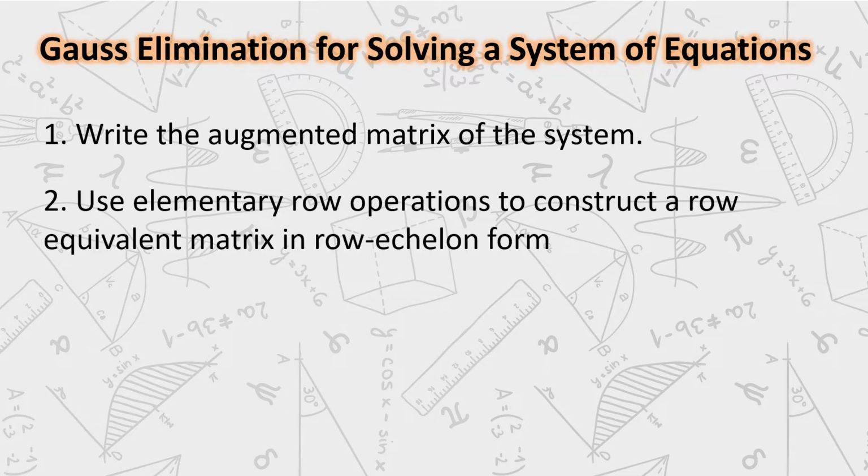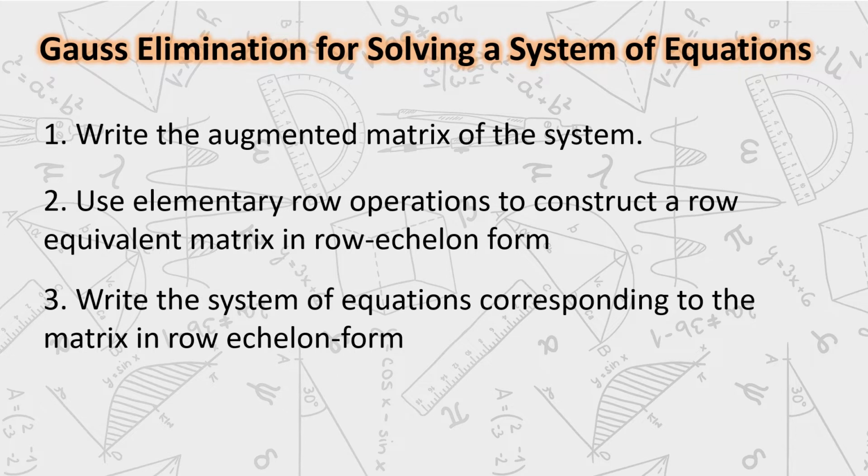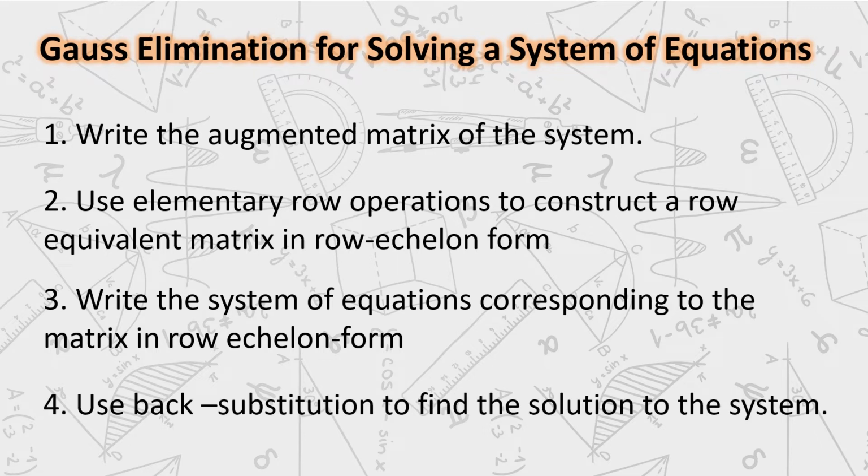Next, use elementary row operations to construct a row equivalent matrix in row echelon form. Third, write the system of equations corresponding to the matrix in row echelon form. Then use back substitution to find the solution to the system.